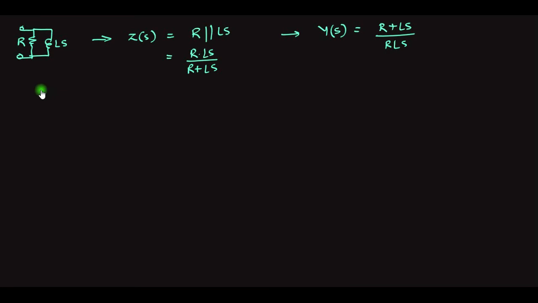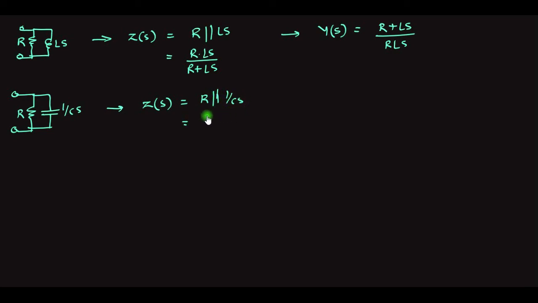RLs. Similarly, if a resistance is connected in parallel to a capacitor whose impedance is 1 by Cs and resistance is R, then its impedance would be R parallel 1 by Cs.